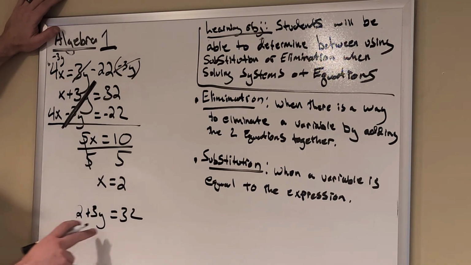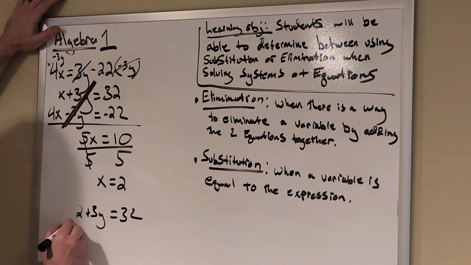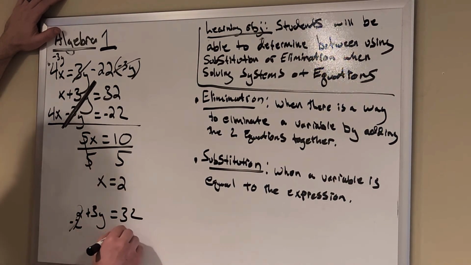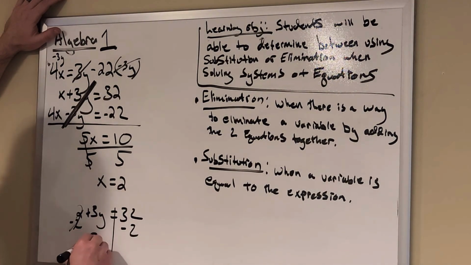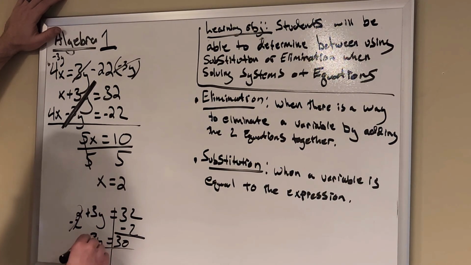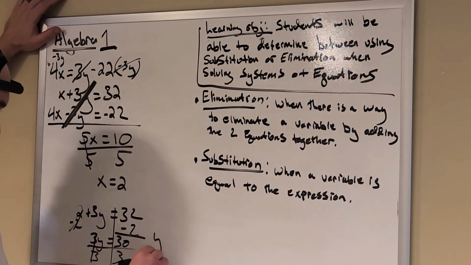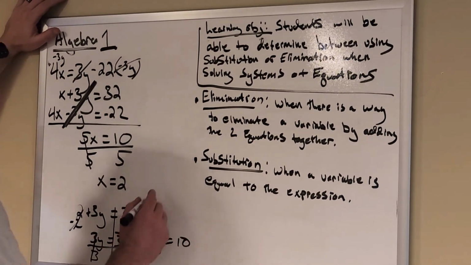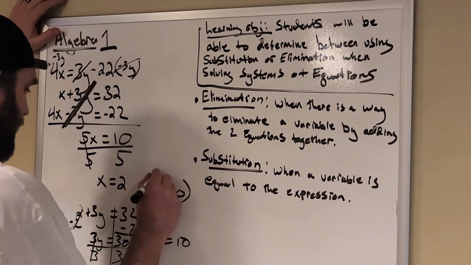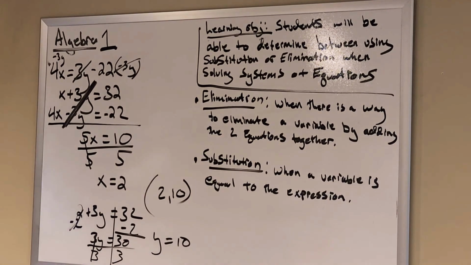All right. So I want to get rid of the 2. Subtract 2. Subtract 2. 3y is equal to 30. Divide by 3. Divide by 3. Y equals 10. 2, 10 is my answer. Okay?